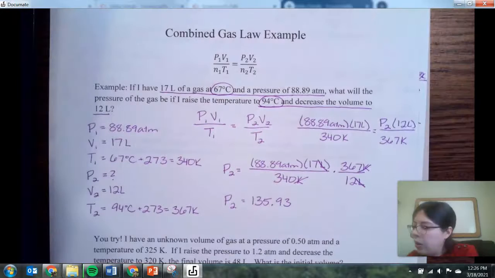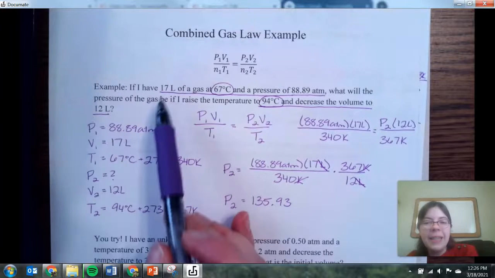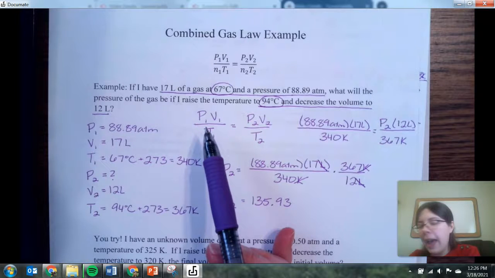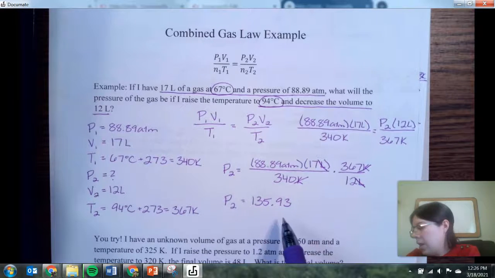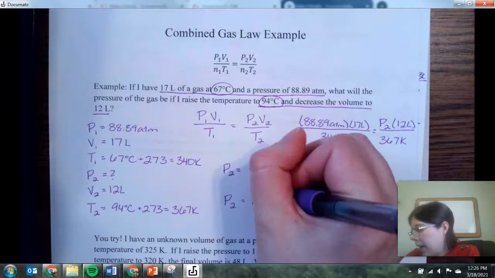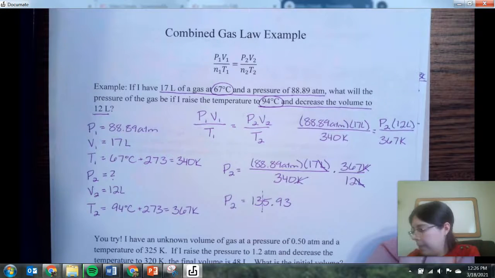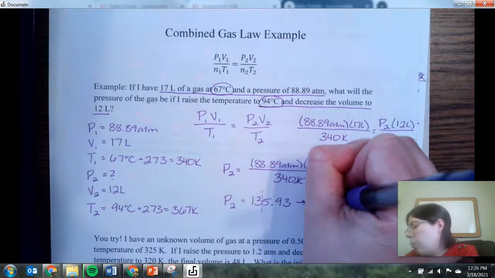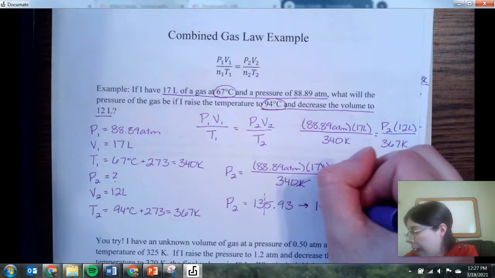As I look at my given values, I see that the least number of sig figs is 2. So I need to round 135.9 to 2 sig figs. So I'm going to chop it off between the 3 and the 5. So 135 is going to get rounded up to 140 atmospheres of pressure.